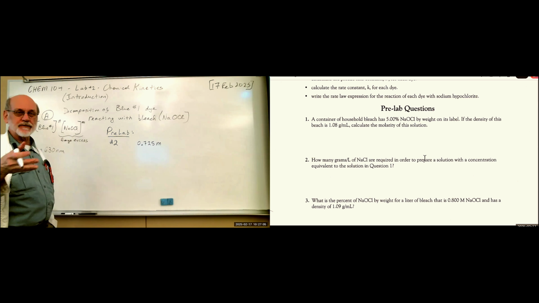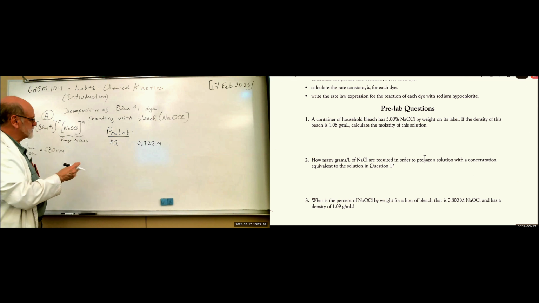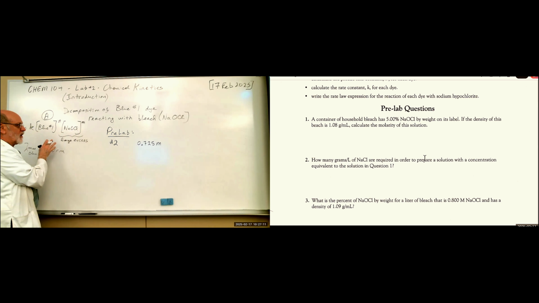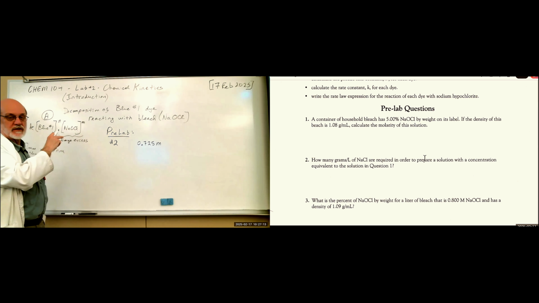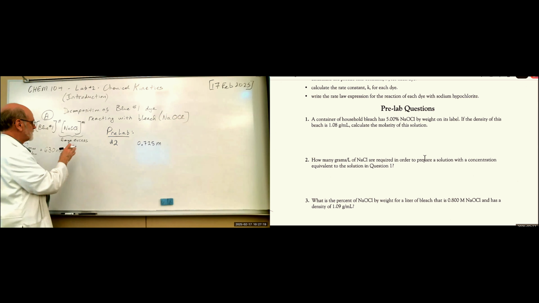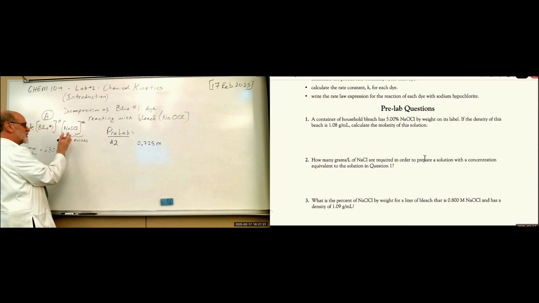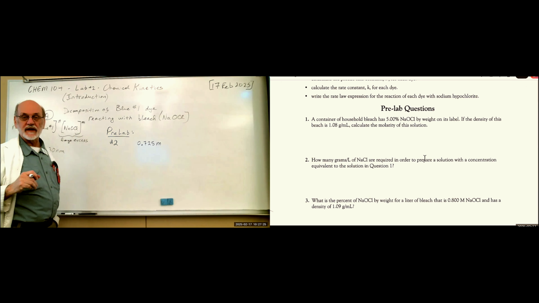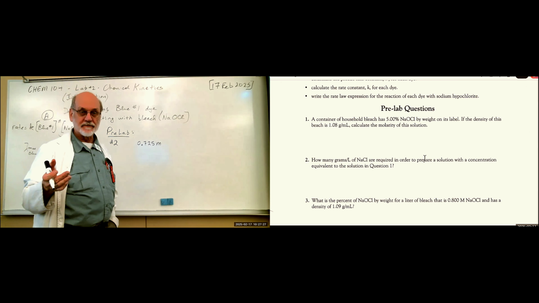But we need to make up the difference with something that gives us the same ionic concentration as sodium hypochlorite without the bleaching effect. And that's sodium chloride. We're going to use half as much of this and make up the other half with sodium chloride.